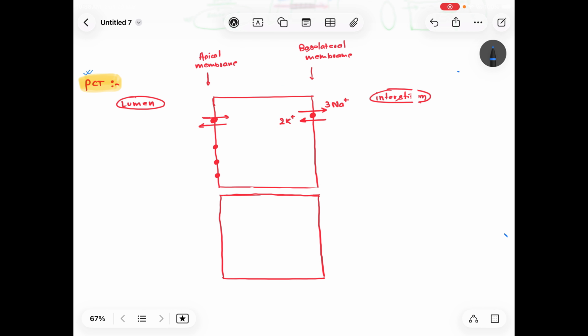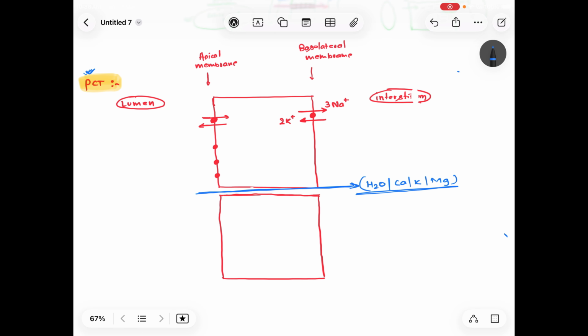So we will now discuss each part of the nephron individually, starting with the proximal convoluted tubule. We already discussed there are two types of transport. First one is the paracellular pathway, in which majority of the solute and water, solutes like calcium, potassium, magnesium, move through this transport. This is a passive process.